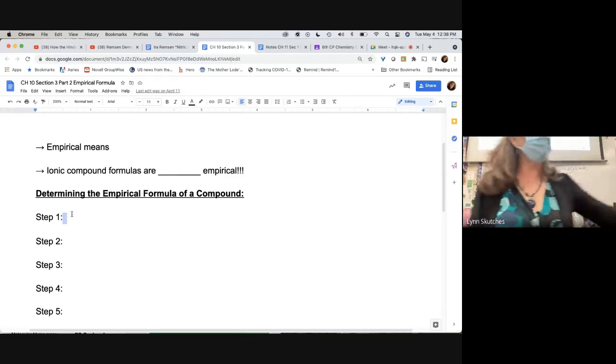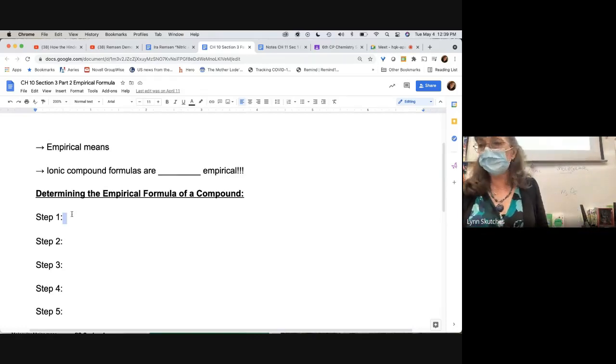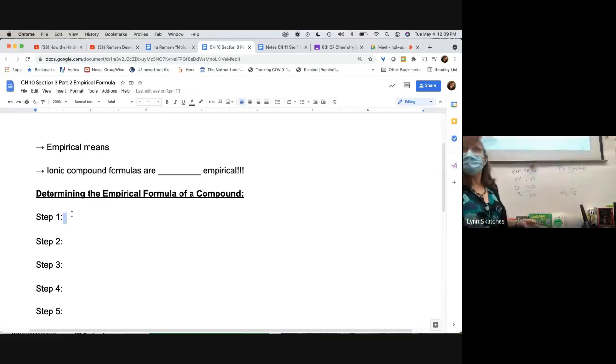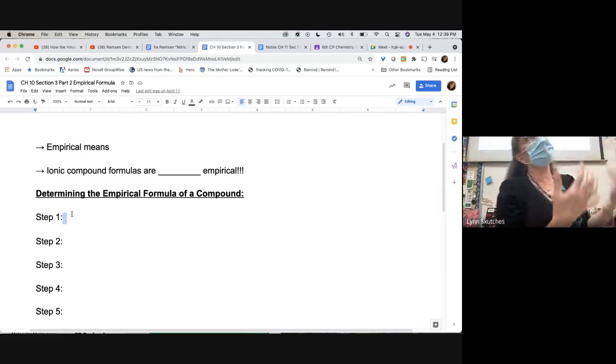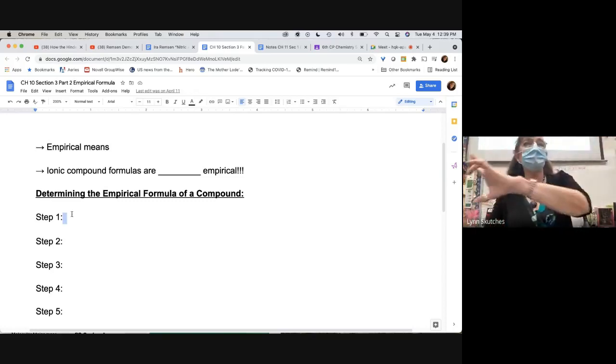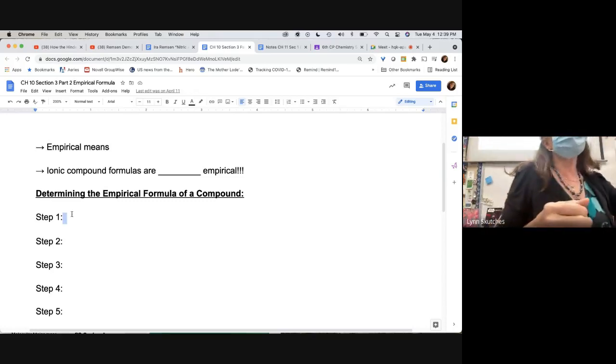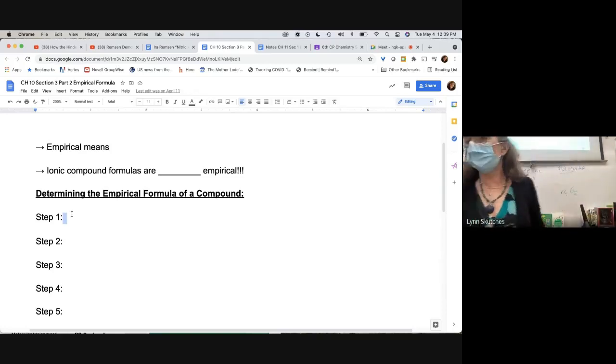First step in finding an empirical formula is what, Julian? Changing percents to grams. So lots of times we do analysis in the laboratory and we find out the percent composition. From percent, we make believe that's a perfect 100-gram sample. Once you got grams, what are you going to do with the grams? Lauren? Absolutely.